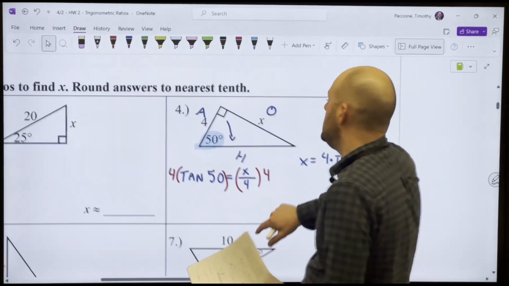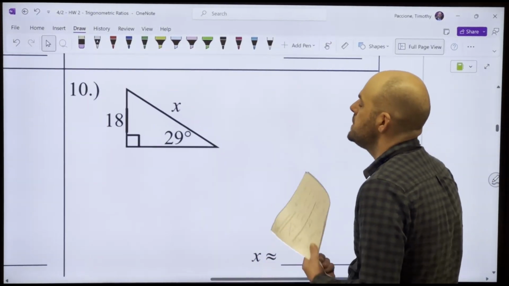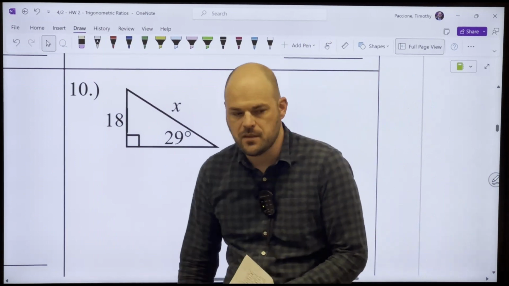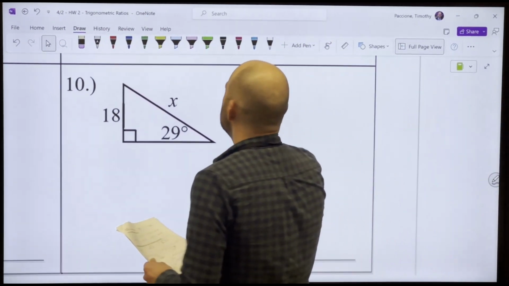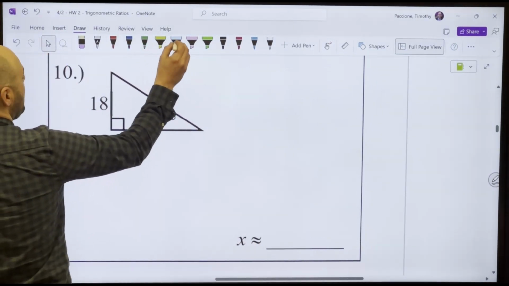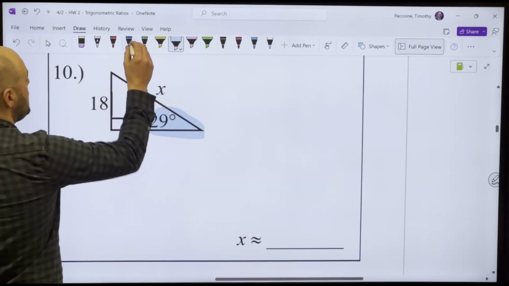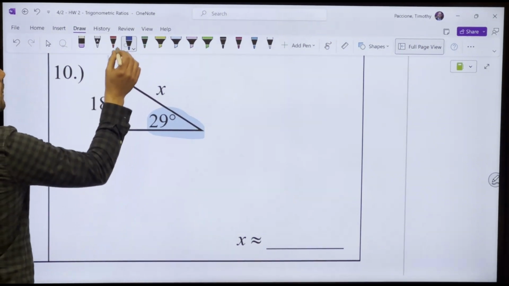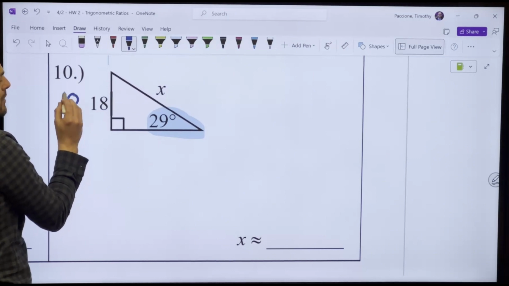All right, now the other version of this, we'll do number 10, is you set up the equation and you're like, uh-oh, x is on the bottom. But we have a solution for that too. Okay, so again, we lock in on our angle right here. And we think about what these things are related to it. So I have this thing across from it, so I know it is opposite.